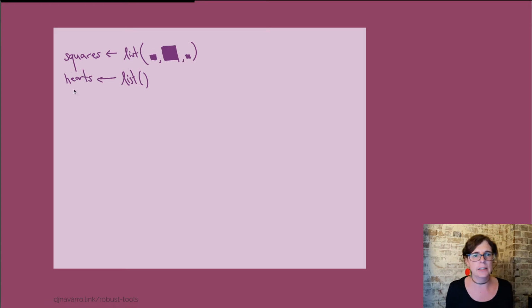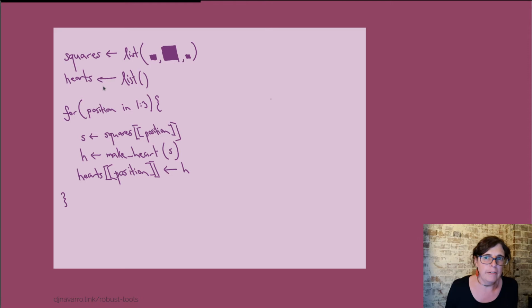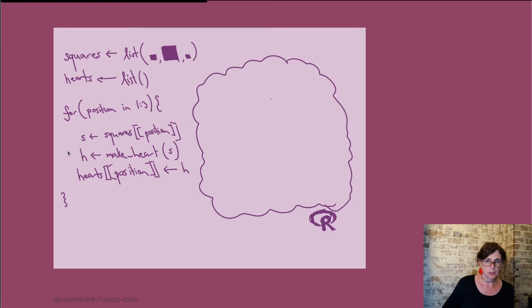So I create an empty list called hearts, and then I write a for loop. Structurally speaking, this for loop is the same kind of thing that I wrote in the grow multi function. I'm going to say for across 3 positions, I'm going to do some transformations.